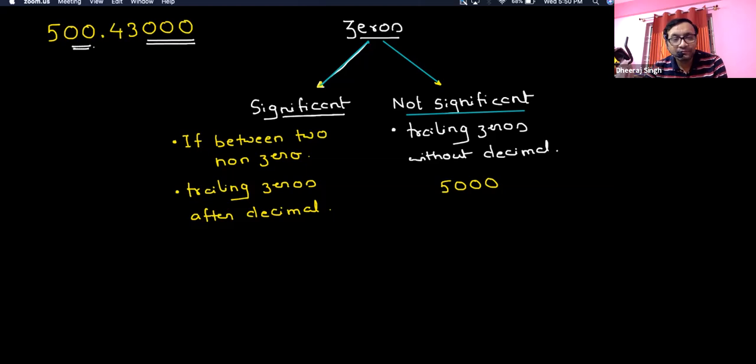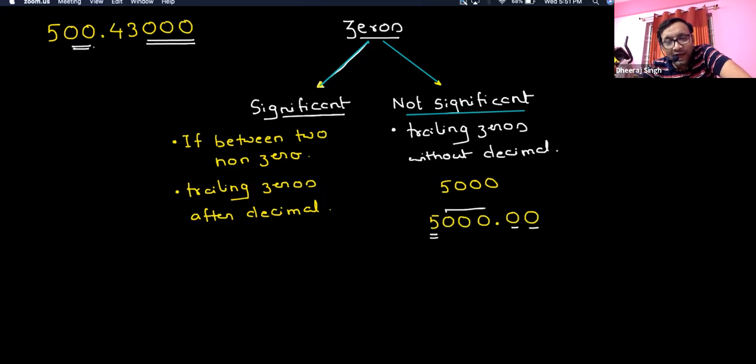Now tell me how many significant figures this has: 0.5 00, sorry, 0.500. How many? 3, right? 1, 2, and 3.